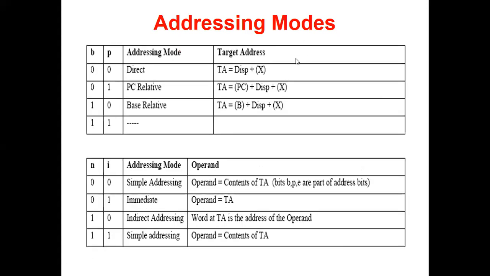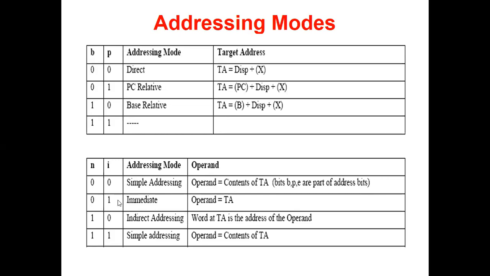Someone wants to be taken back to the bits N and I. We said that after calculating the target address, the bits N and I are used to let us know what we are going to take as the operand, the address or the contents of the address. Okay. So we said if N is 0 and I is 0, it is the contents which we take. And we call that one simple addressing. But we said that the bits B, P, and E are part of the address bits.